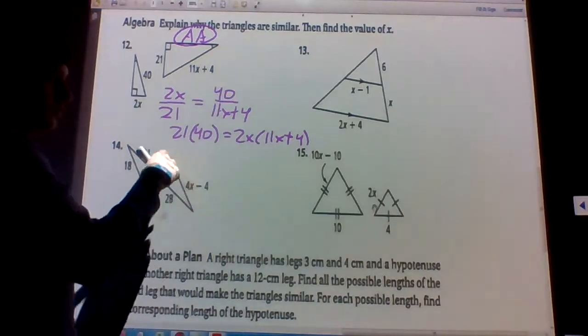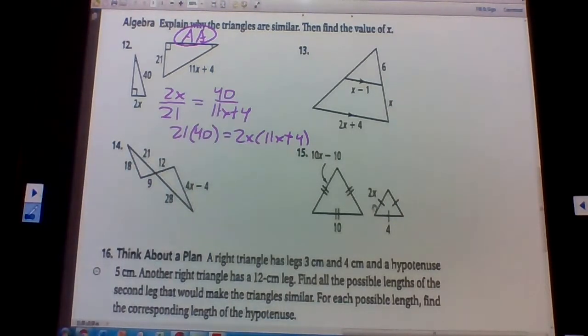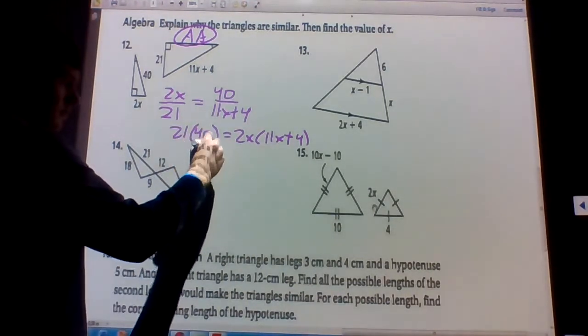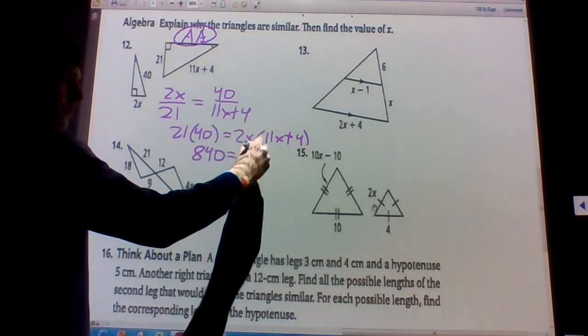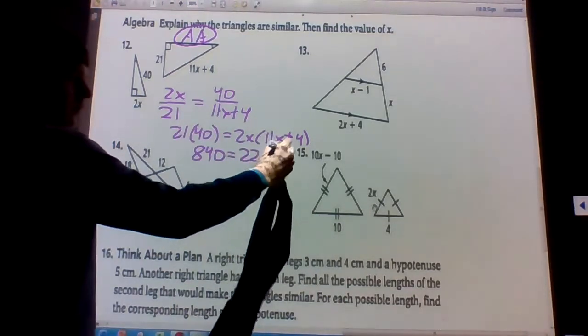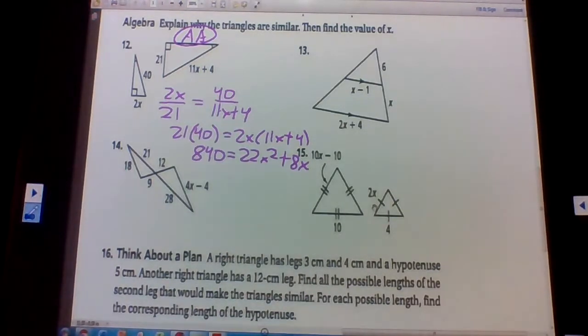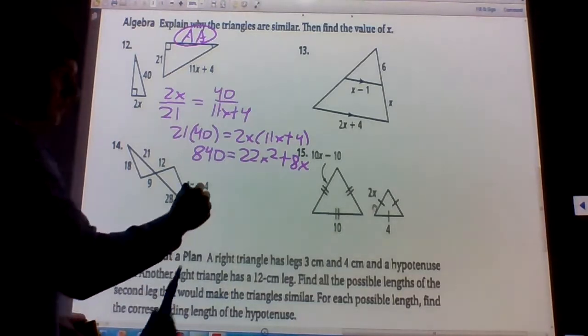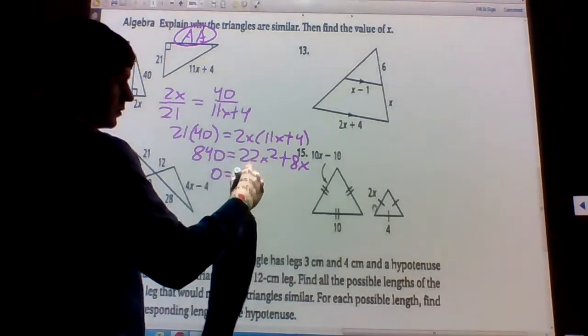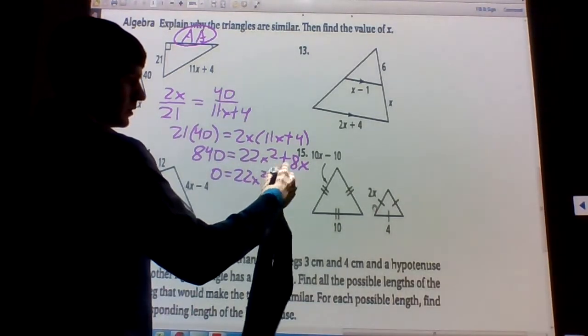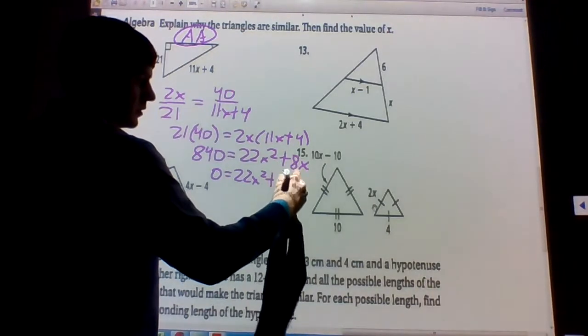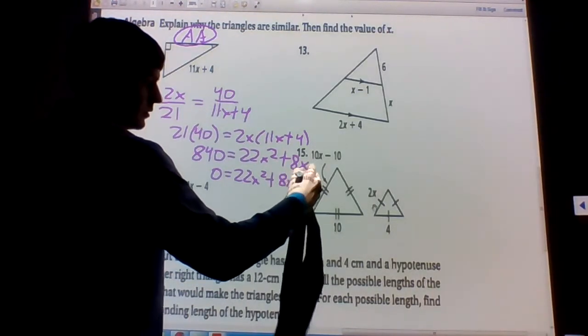Okay, you distribute, so 20 times 40 is 840. Over here, you're going to get 22x squared plus 8x. Okay, you subtract 840 from both sides, so you get 0 equals 22x squared plus 8x minus 840.